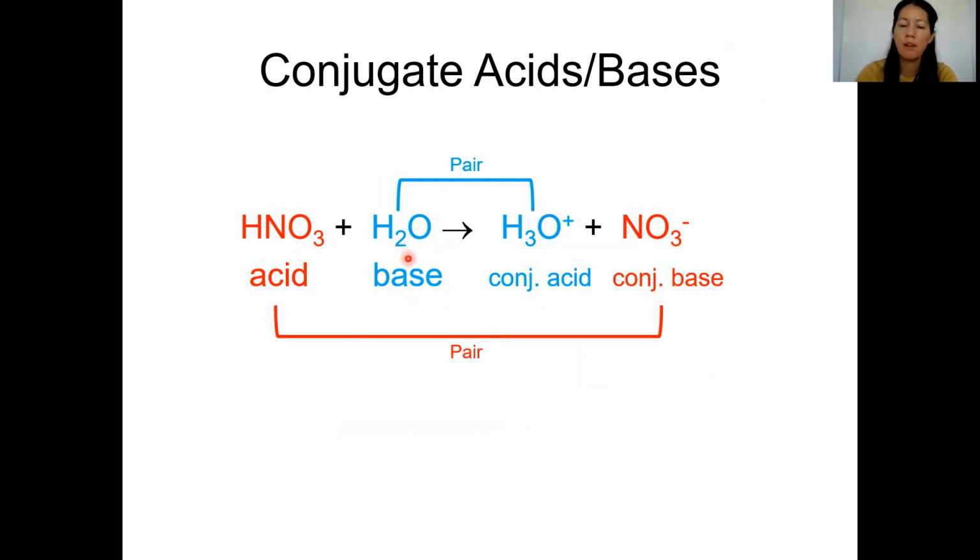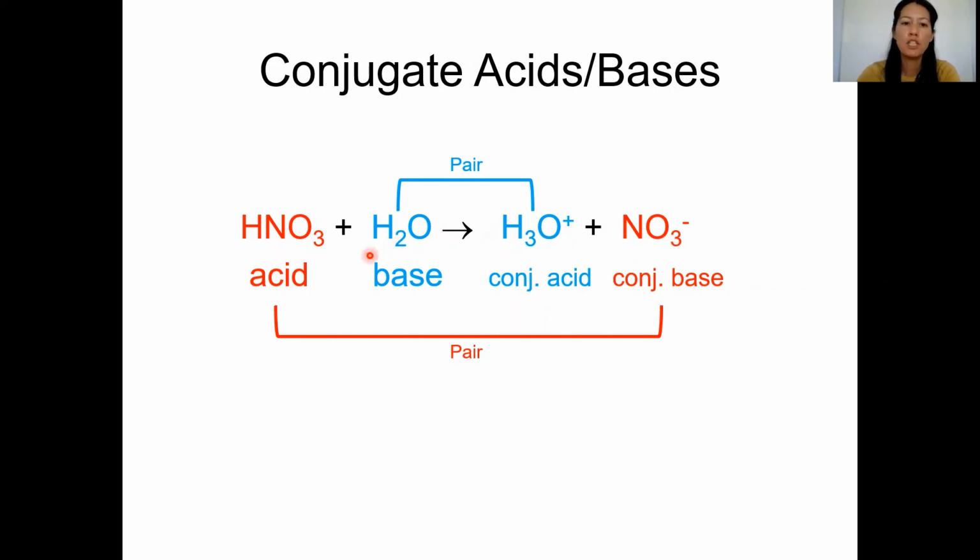That's another definition of being a base. So then here we have nitric acid. It's going to give up an H plus to the water, and the water becomes the hydronium ion. It picked up an H plus, so it's now H3O plus. And then after the acid gives up an H plus, he's left with nitrate, NO3 minus.